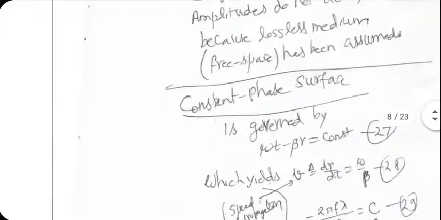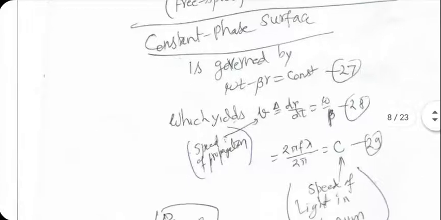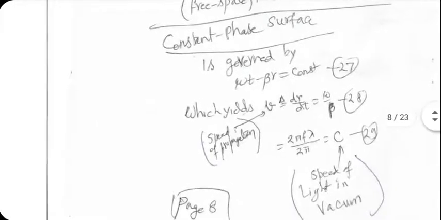Something we did in the electromagnetics course also. This means there is a phase velocity involved, which can be obtained by differentiating both sides of equation 27 with time and defining phase velocity v as dr by dt, which works out to omega by beta. We had assumed it anyway, but I'm proving it rigorously here. So the phase velocity, or the velocity of the radiated signal, is omega by beta.